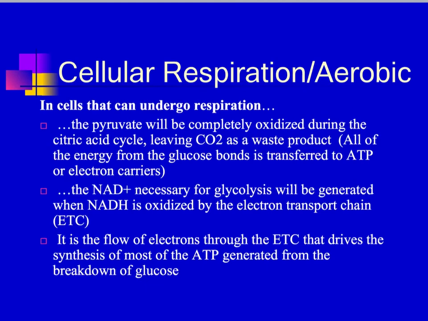The NAD+ necessary for glycolysis will be generated when NADH is oxidized by the electron transport chain. So if you remember, these were reduced in the beginning in glycolysis and the Krebs cycle, and then they're oxidized here, meaning they've lost that hydrogen or the electron, and now it's gone back to NAD+, which can be used at the beginning again.